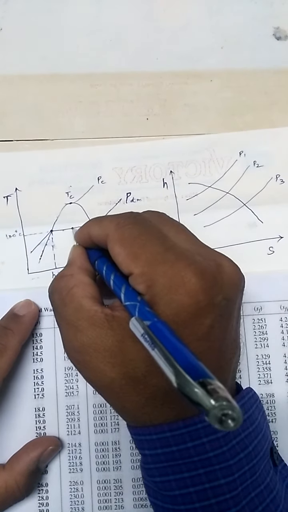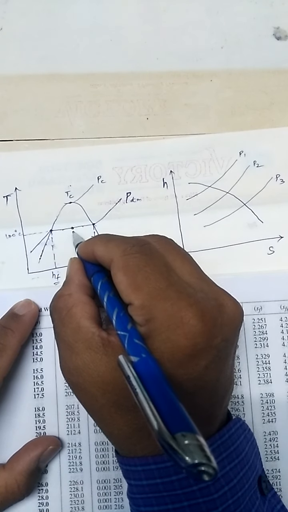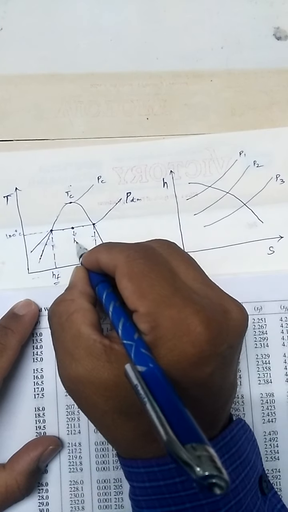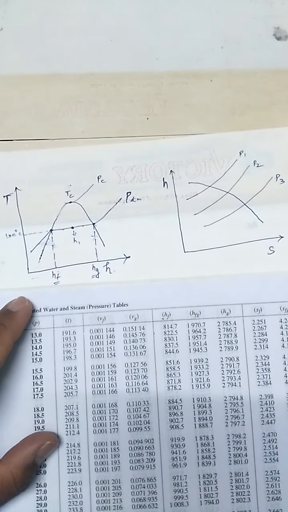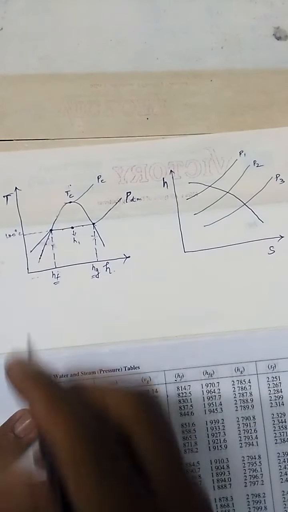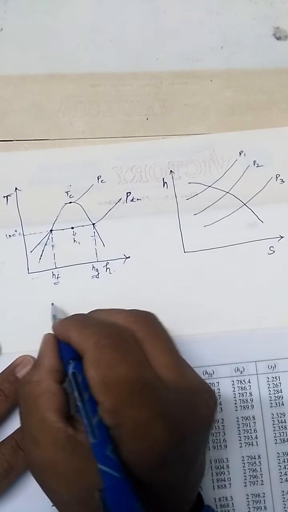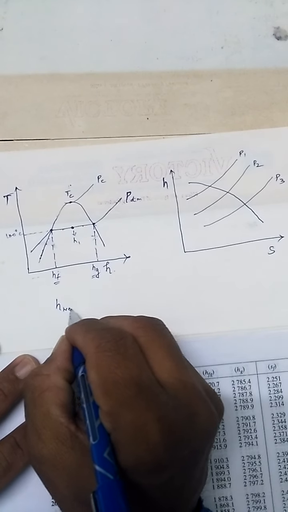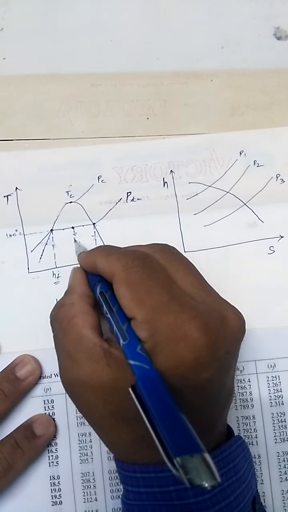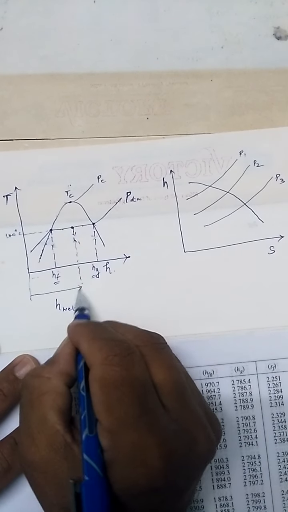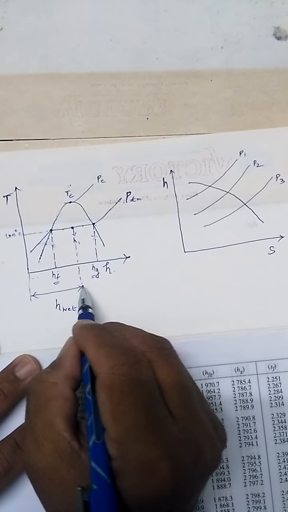Suppose I have a point in the wet region, for example the first point, I will write this as H wet. To reach this point, I must supply this much heat.